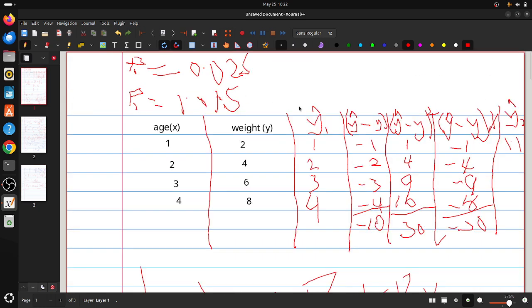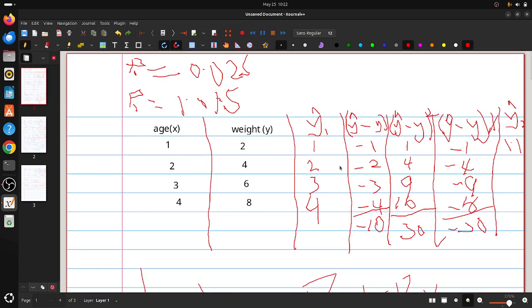Okay, so we make predictions now, and when x is equal to 2, 1.075 times 2, then plus 0.025, is equal to 2.175.